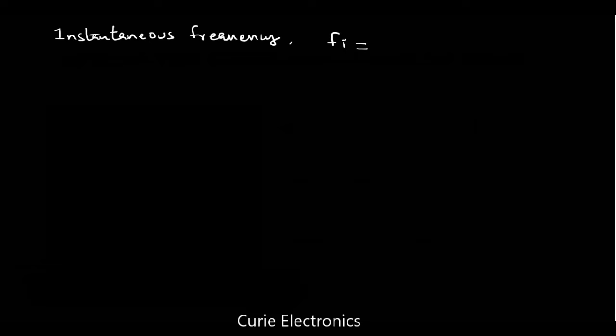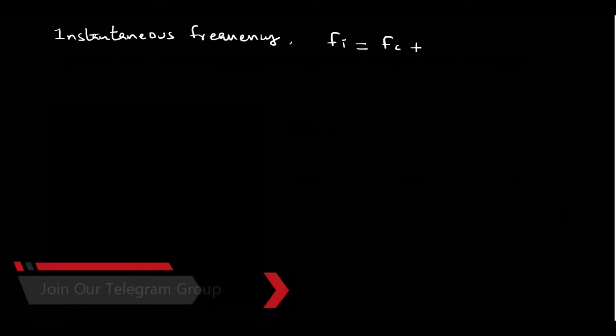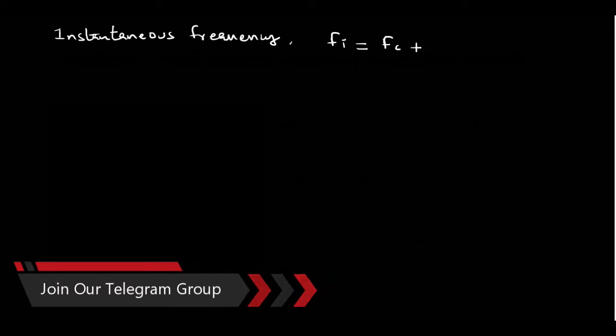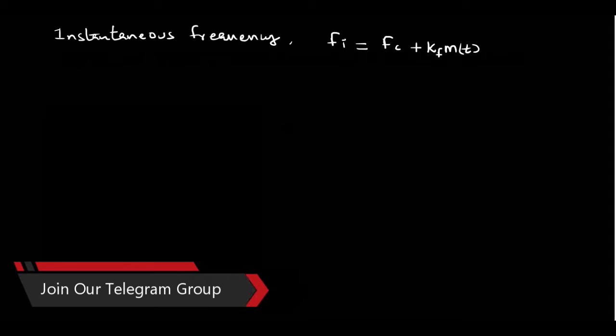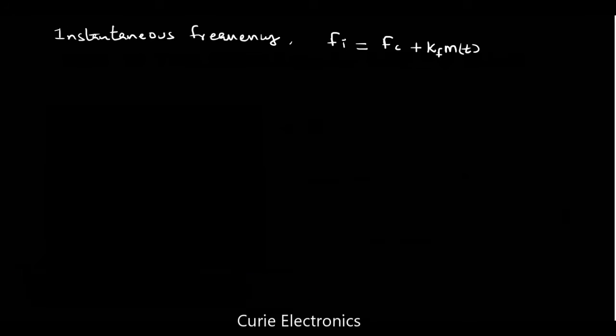Fi equals, it always varies from the center carrier frequency, that is Fc. And also it varies with respect to message signal. And there is a factor also. It is based on a message signal and a factor, this Kf. So this, let it be the second equation.